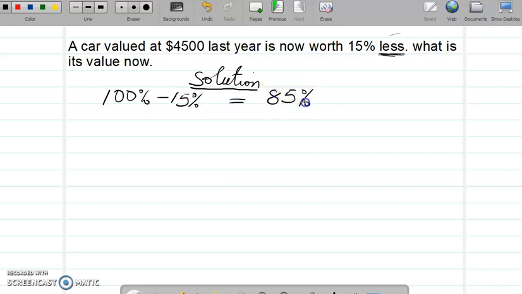That gives us 85%. So 85% divided by 100, we have 0.85.